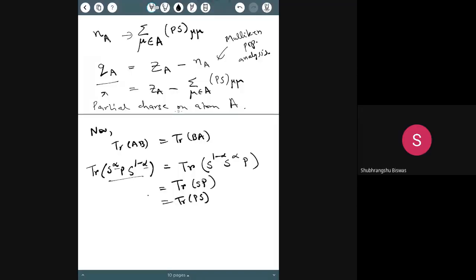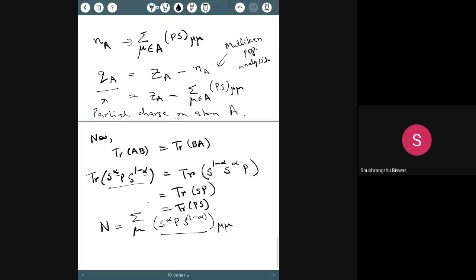So I can choose any value for alpha, and I would still satisfy N equal to the sum over mu of S to the power alpha P S to the power 1 minus alpha, mu mu.